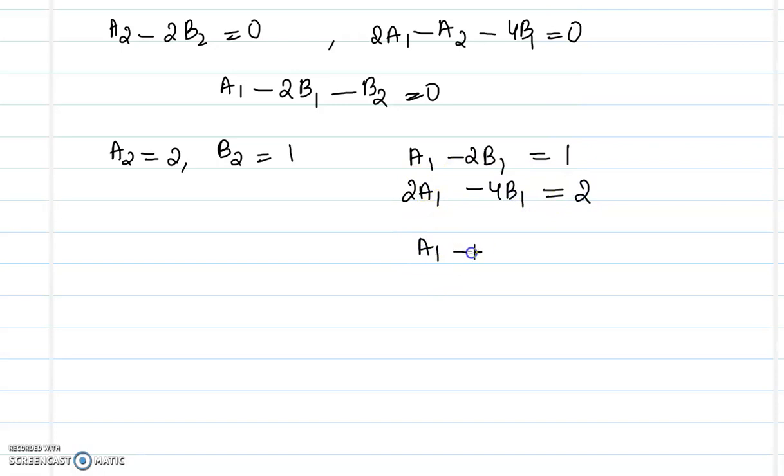So that is the equation a1 minus 2b1 equal to 1.